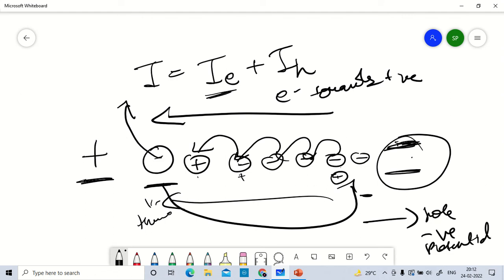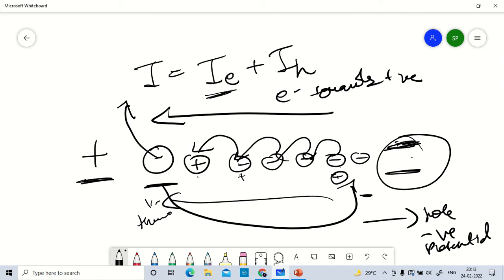It may be noted that apart from the process of generation of conduction electrons and holes, a simultaneous process of recombination occurs when the electrons recombine with the holes. At equilibrium, the rate of generation is equal to the rate of recombination of charge carriers. The recombination occurs due to an electron colliding with a hole. So we talked about the hole coming here, the electron going there. How does this happen?